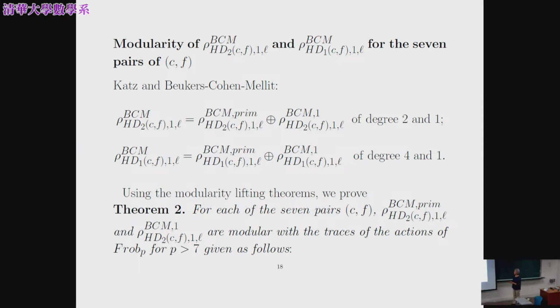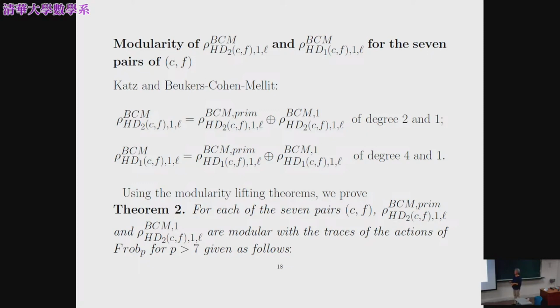So first, I just want to say that the BCM representation attached to the second datum is 3-dimensional, and actually it decomposes as degree 2 plus degree 1. And the representation attached to the first datum has degree 5, and decomposes into degree 4 and degree 1. So we're going to study each piece.